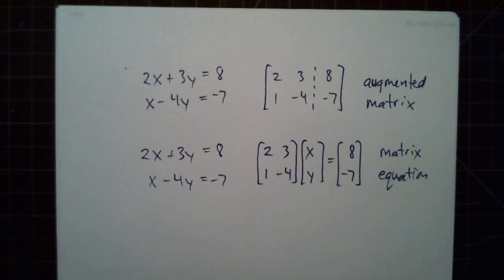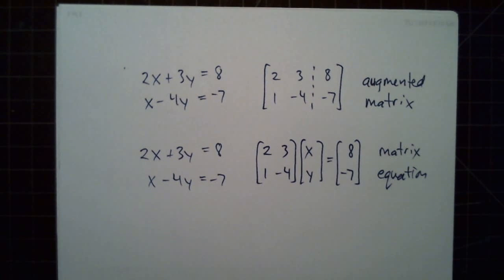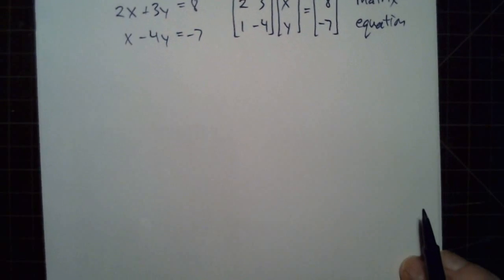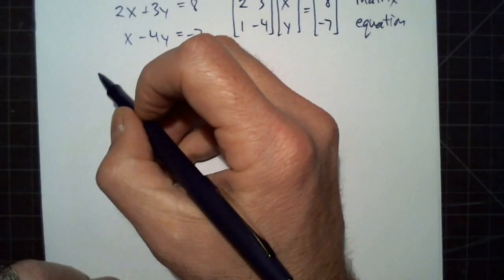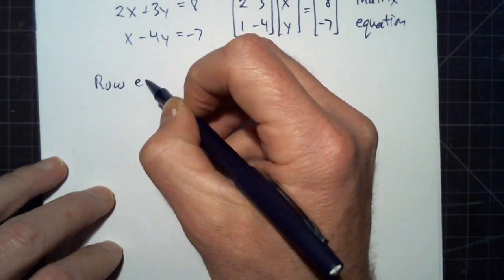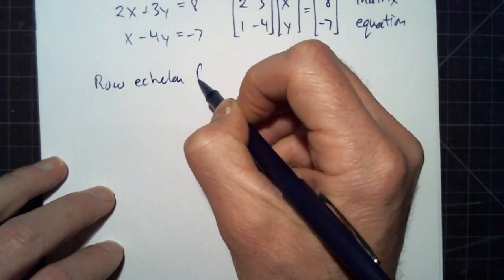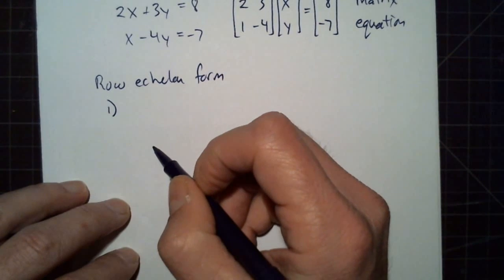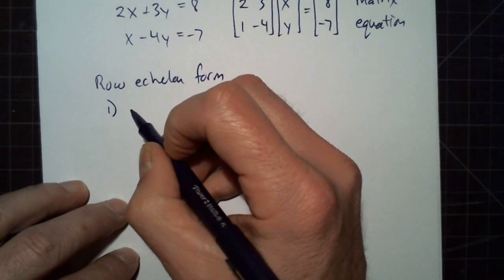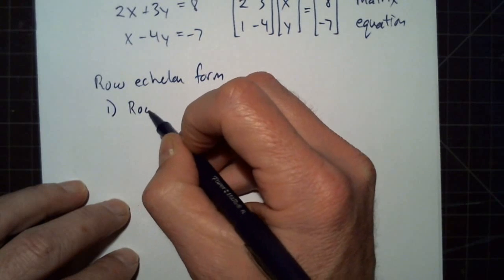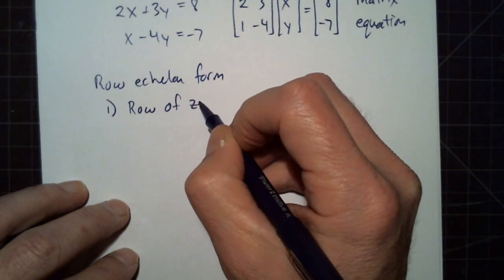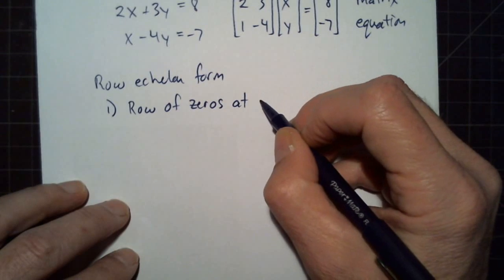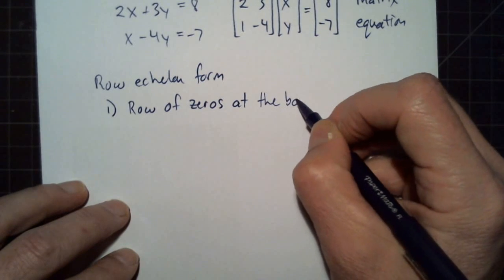So let's talk about how we get things into row echelon form. Okay, if we have a row of zeros, they are at the bottom.